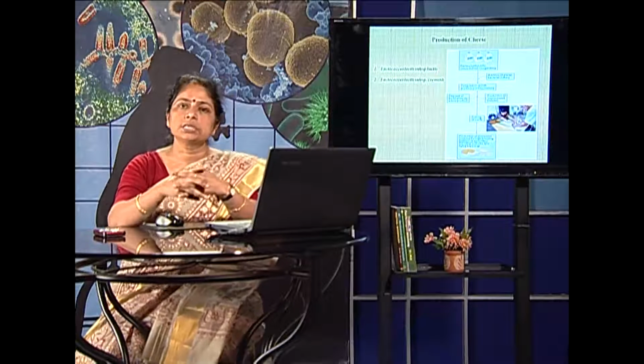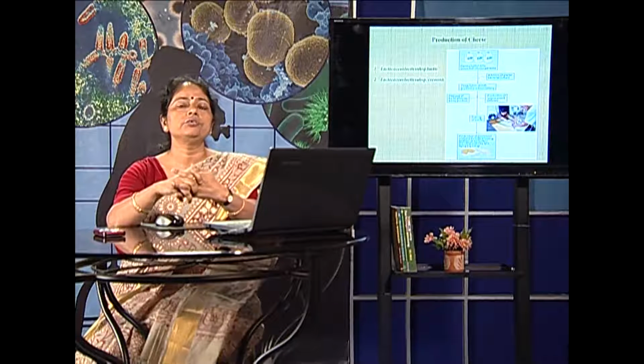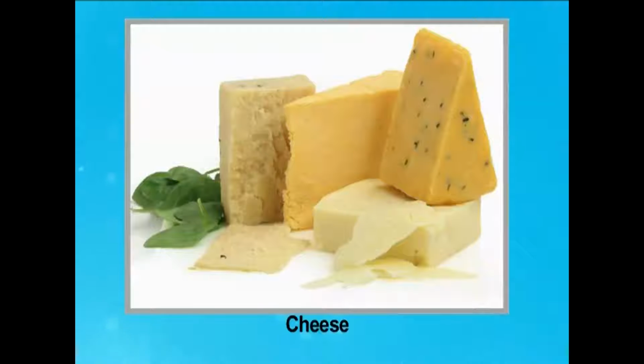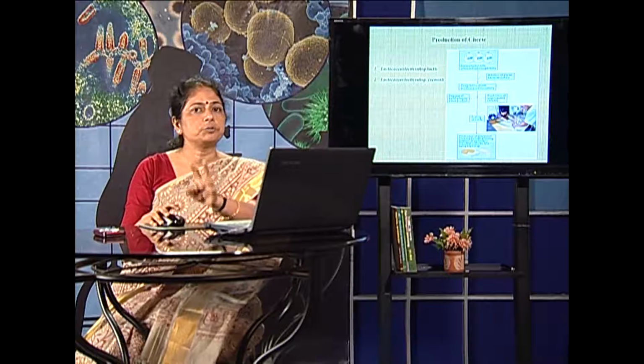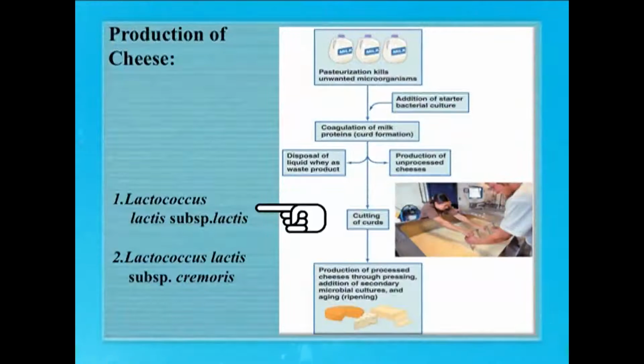Another important use of the lactic acid bacteria is in the production of cheese, a very important dairy product in the food industry. The cheese can be produced with the help of two different subspecies of Lactococcus lactis: Lactococcus lactis subspecies lactis and Lactococcus lactis subspecies cremoris.